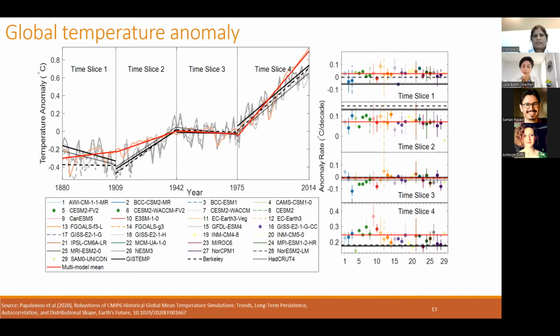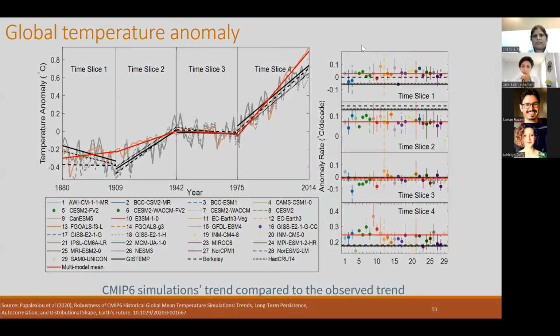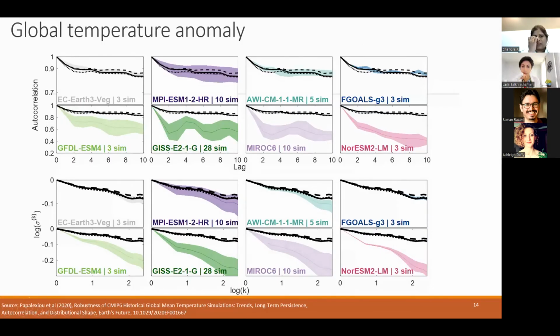We don't stop with discretizing the time series into different time slices, but we also look at the autocorrelation and persistence properties. We know that there are some models that are in very good agreement with the observations, but there are also a couple of other models which are not at all good with respect to the autocorrelation properties.